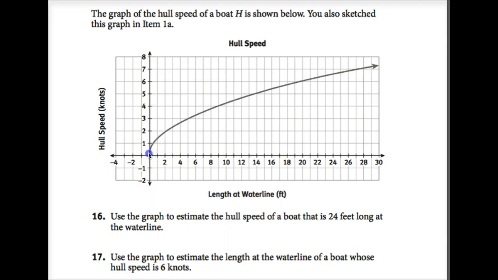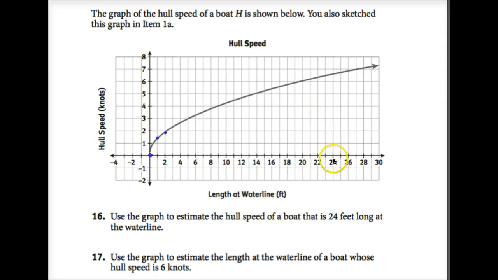So our points were (0, 0), (1, 1.34), and then (2, 1.89). So you can see those are falling on the graph. Number 16 says use the graph to estimate the hull speed of a boat that is 24 feet long at the water line. So the length is an x value.